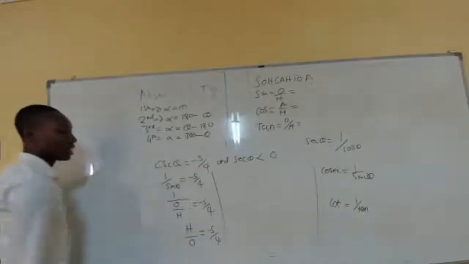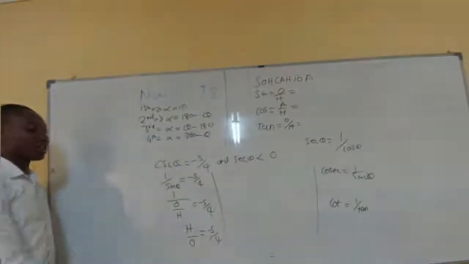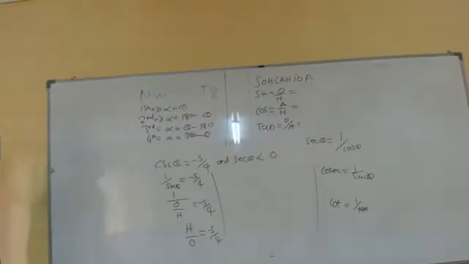Basically, hypotenuse is now -5 and the opposite is 4.